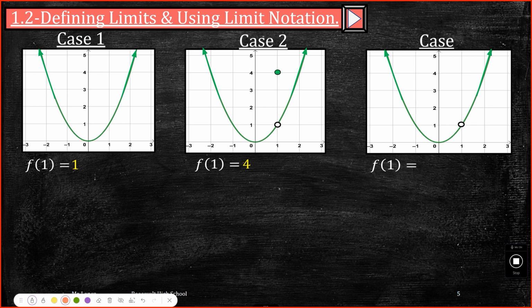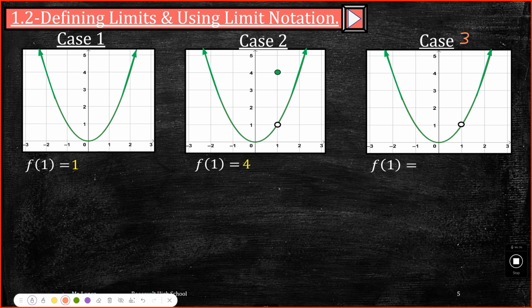In case number 3, Evelyn, what's f of 1? Anybody, give it a guess.